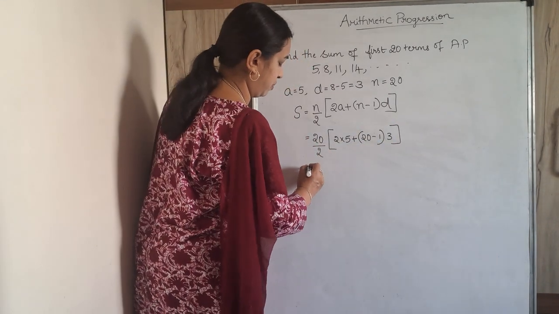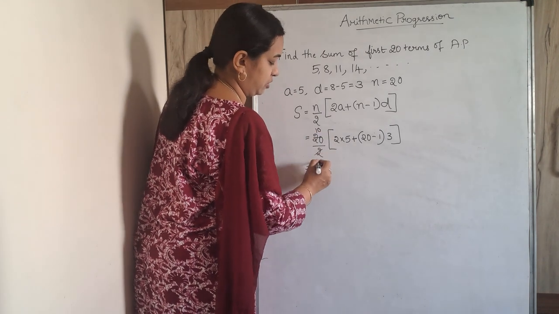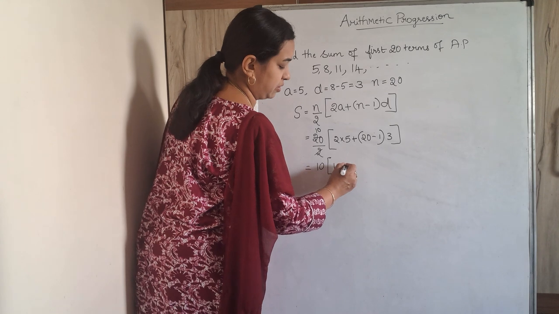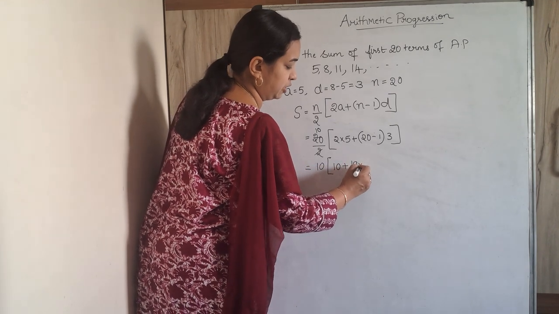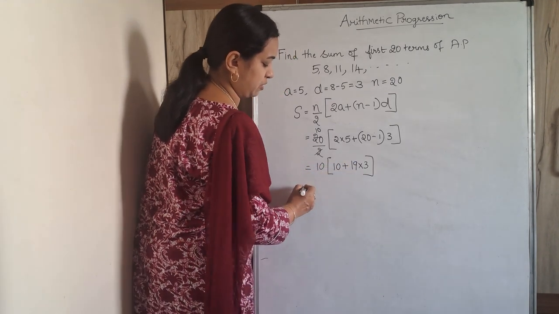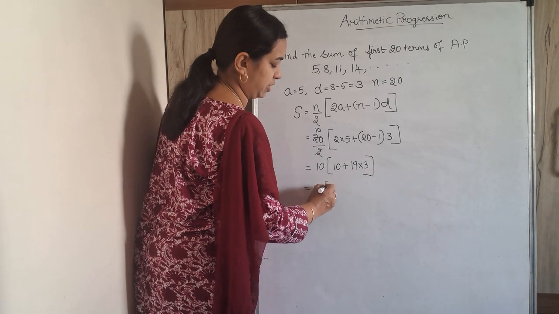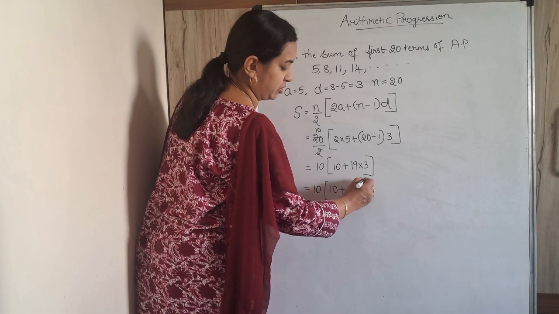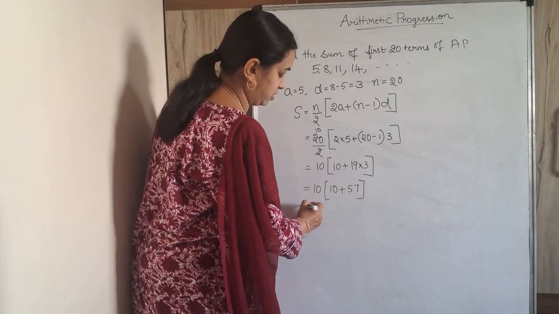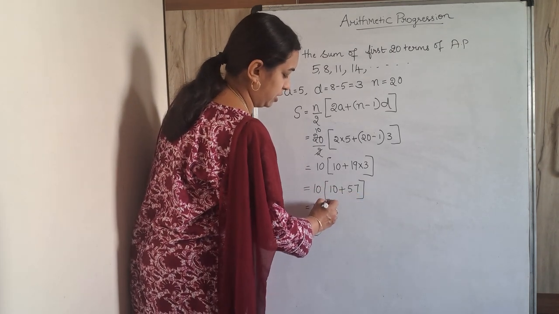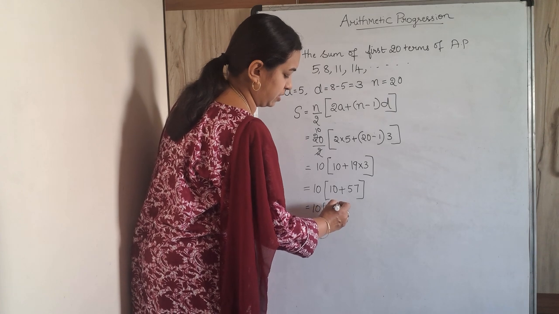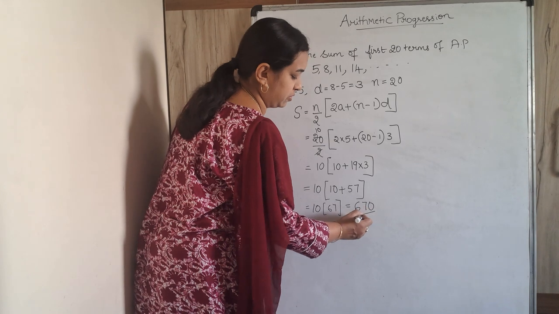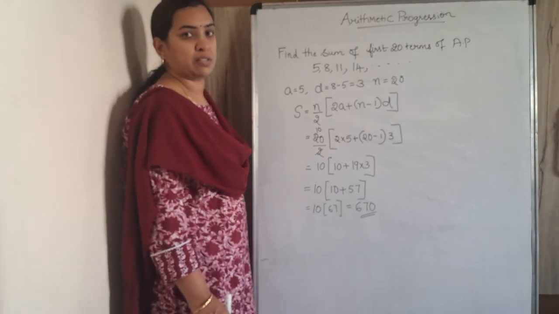So this will be equal to 10 times, 2 fives are 10, plus 19 into 3, which is equal to 10 of 10 plus 57. So this will be 10 times 67, which is equal to 670. So this is your answer.